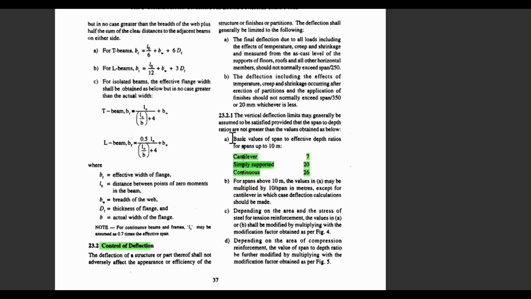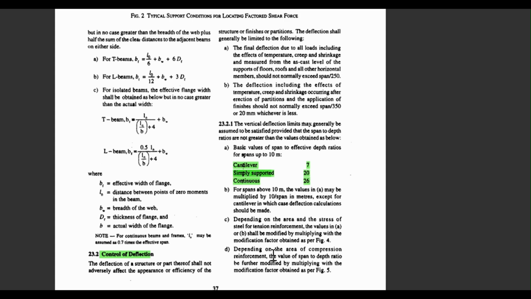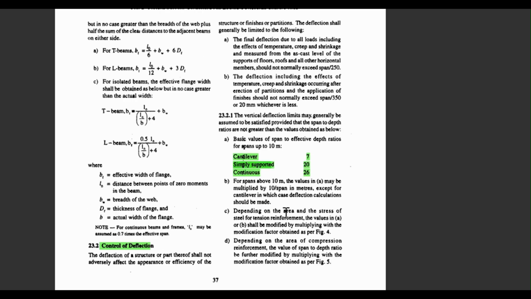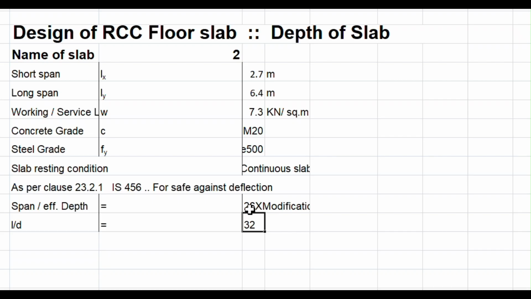The basic value of span to effective depth for spans up to 10 meter, continuous, is 26, and this can be multiplied by the modification factor. The modification factors are given in figure number 5. We can see those things later. By applying the modification factor, 26 into the modification factor comes as 32.